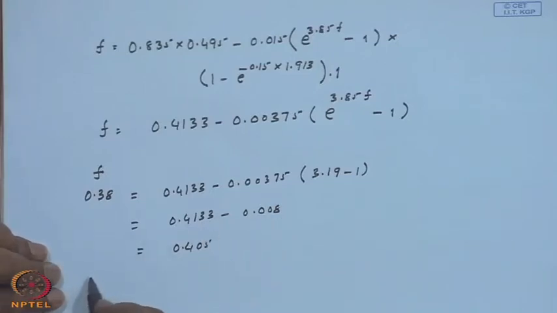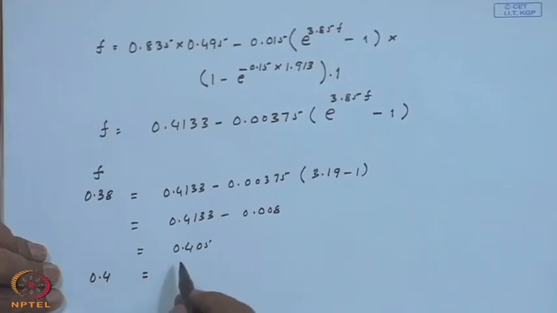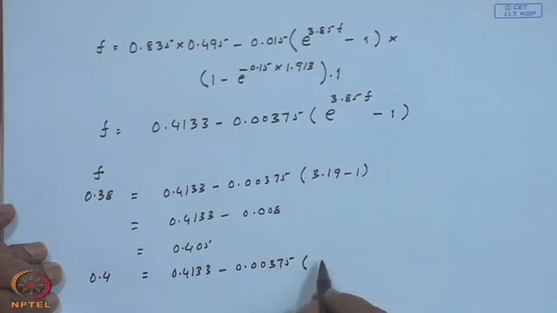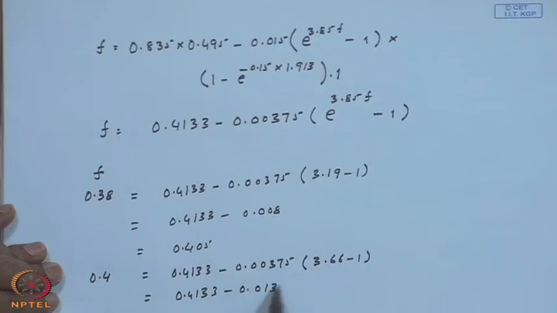So, next guess will be 0.4, that will give me phi bar max Y, that is 0.4133 minus 0.00375 times 3.66 minus 1, which is 0.4133 minus 0.0137.